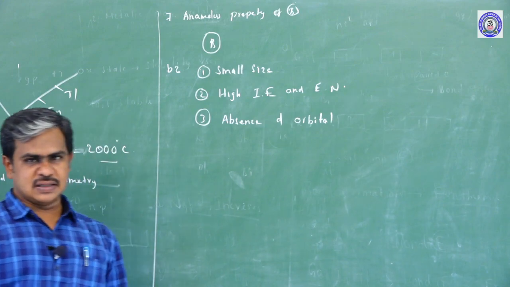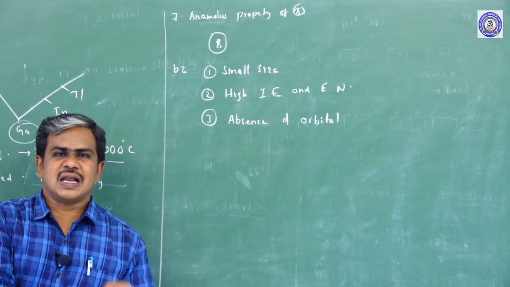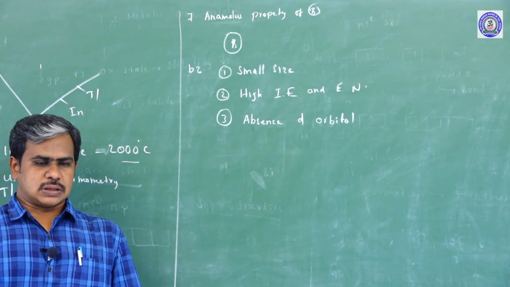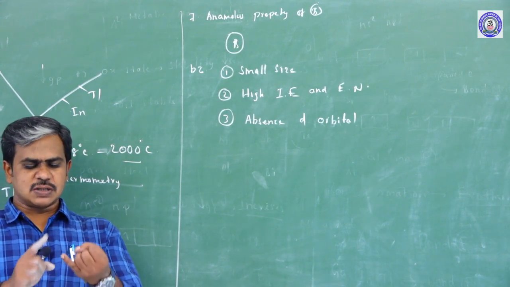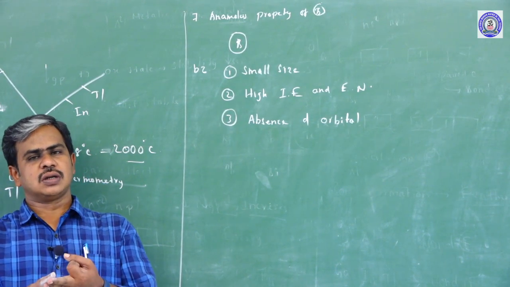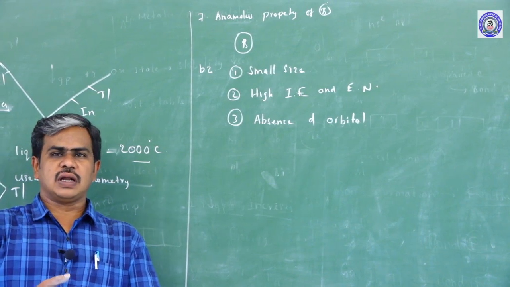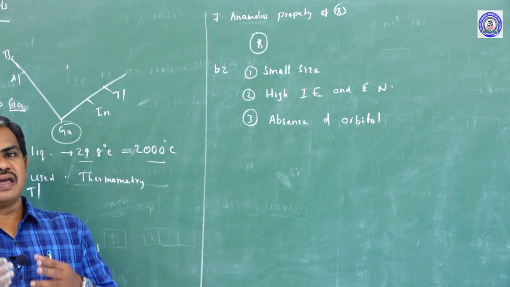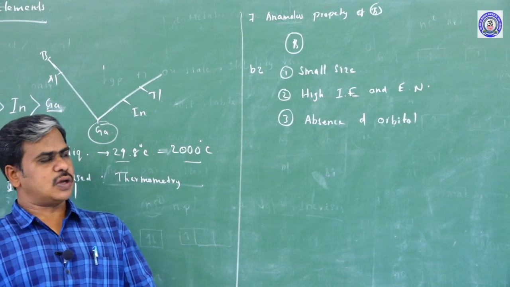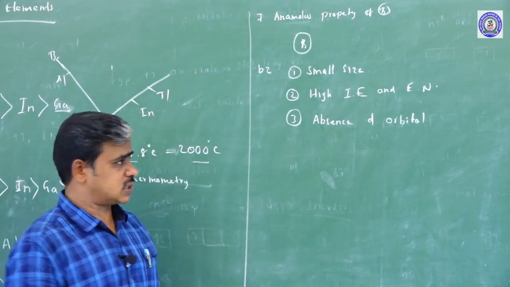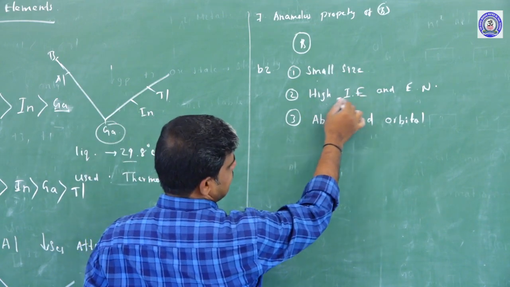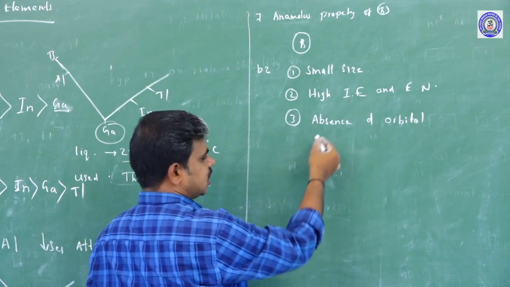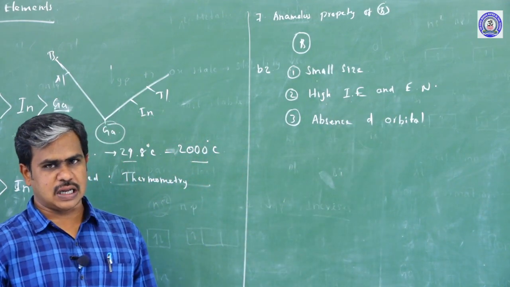So for these three reasons, the first element in all p block groups, that is boron, carbon, nitrogen, oxygen, fluorine and neon, these are all the heads of the p block groups. They vary from the rest of the group because of these three points: small size, high electronegativity and ionization energy, and absence of d orbital.